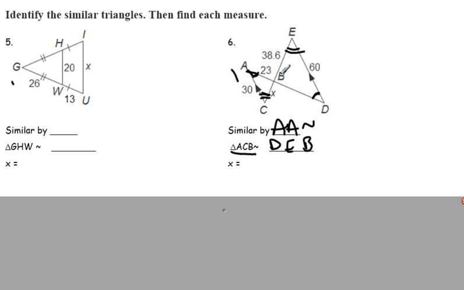When you set up your proportion this time, you have to be really careful because they give you 1, 2, 3, 4, 5 sets of side lengths. One of them is X. So we definitely see the 30 is in between the 1 arc and the 2 arc. So we're going to compare that to 60, which is also in between the 1 arc and the 2 arc. Now be careful. The X is what we're looking for in this small triangle.